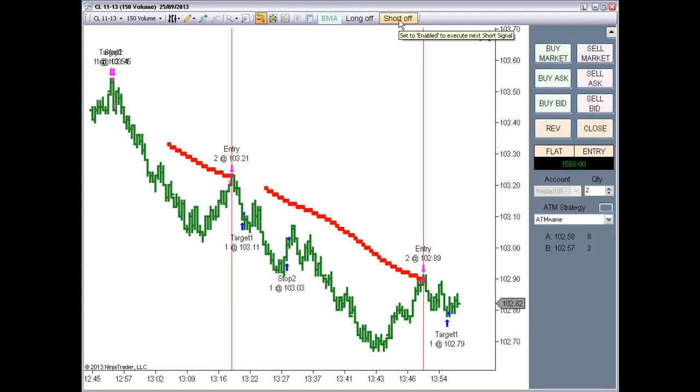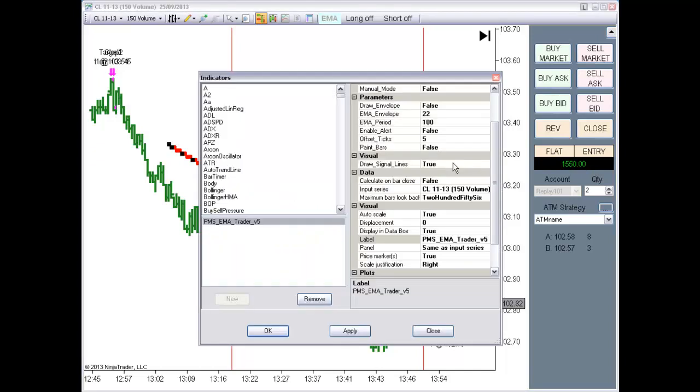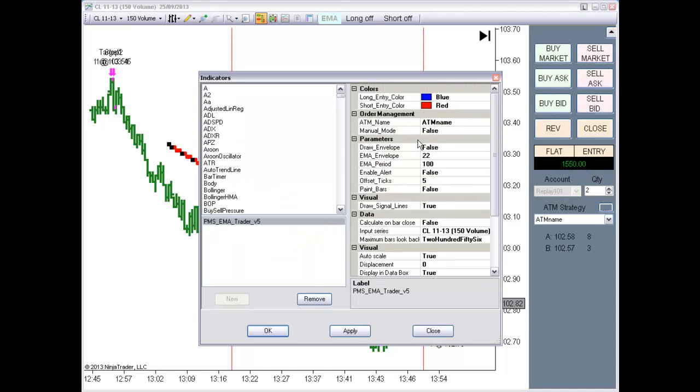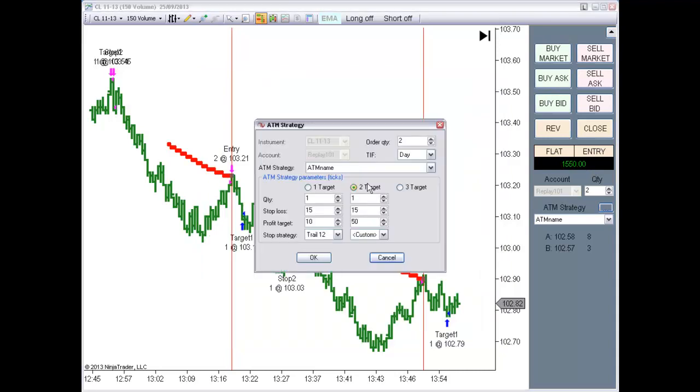We can enable the following short, or even we can auto trade all the signals by using the manual mode disabled. And this using our standard ATM order settings, where, as you may know, we can have up to 3 different positions, each one with its different stops, targets, auto break-even and trailing stops.